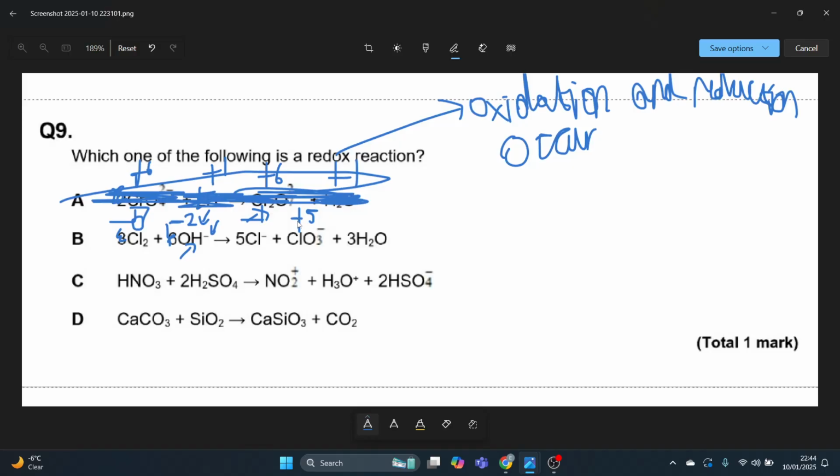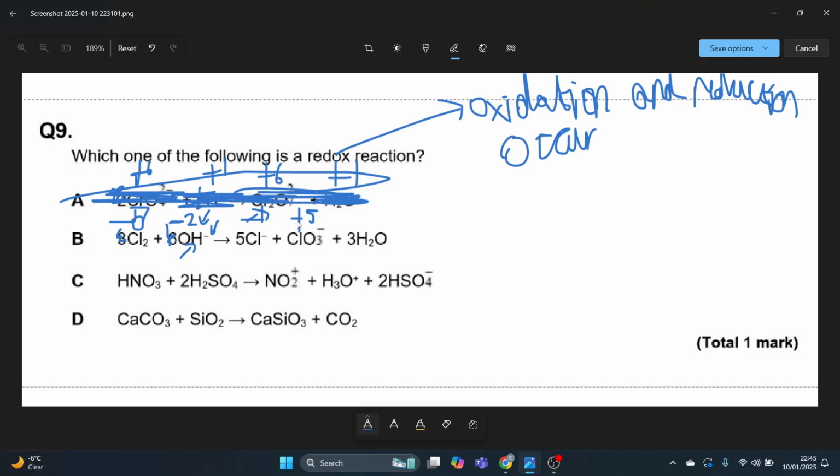Because the oxidation state of chlorine in ClO3 minus and the oxidation state of oxygen in 6OH minus. Well, the oxidation state of chlorine in ClO3 minus is plus 5, and the oxidation state of oxygen in that is minus 2.